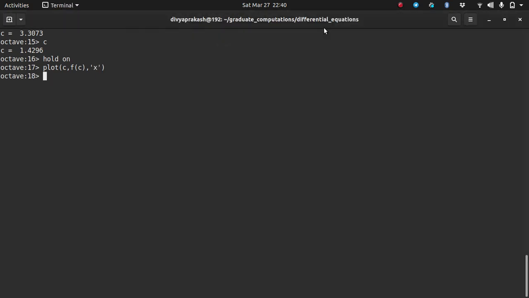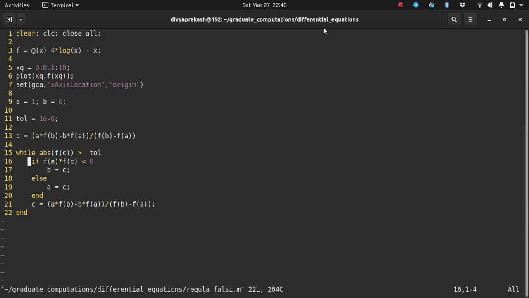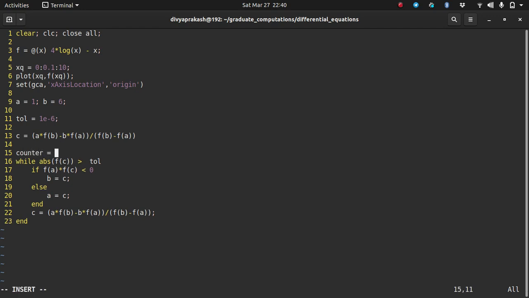So what advantage does this method have over the bisection method? Let me count the number of iterations. I want to see how many times the lines within the loop repeat. How I can do that is, let me define a variable called counter, and let me update this counter every time the loop is run.